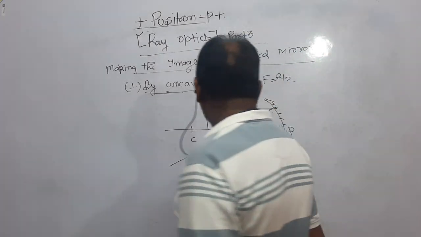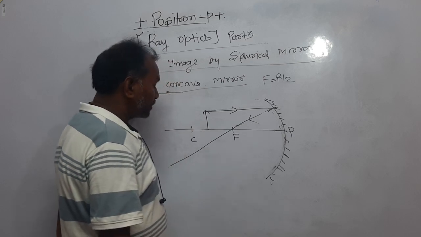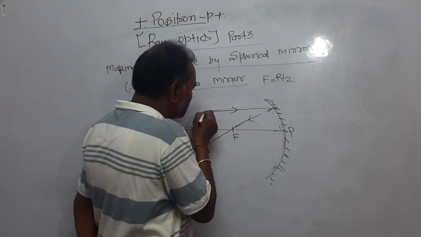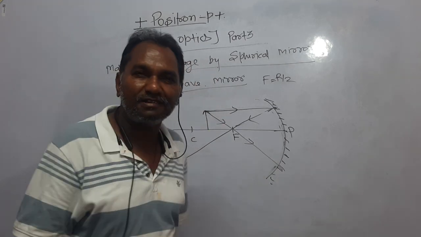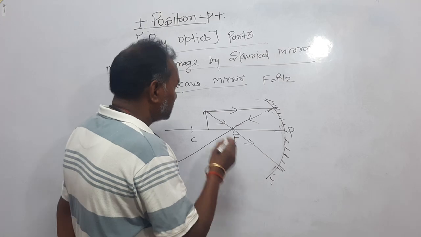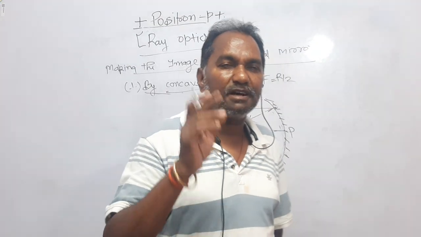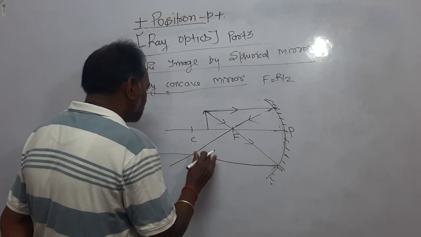Now, dear students, the second ray, from where will you consider the second ray? Let it pass through the focus in this way, and after the reflection, the ray passing through the focus becomes parallel to the optical axis in this way. Now look here.